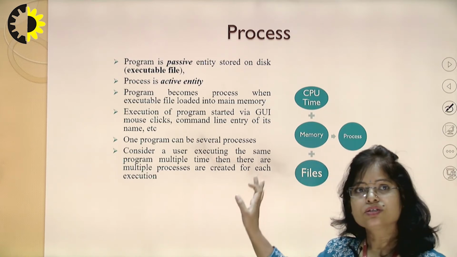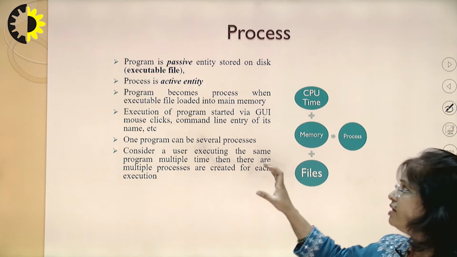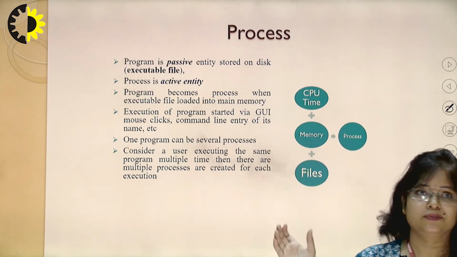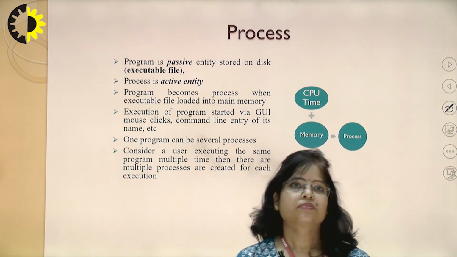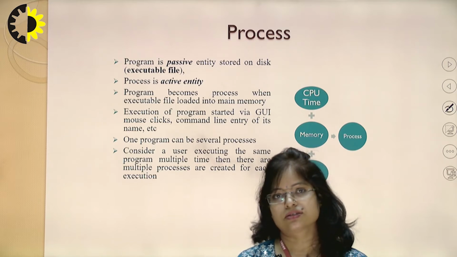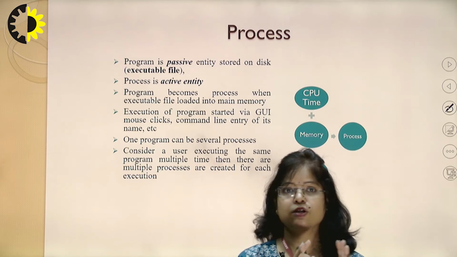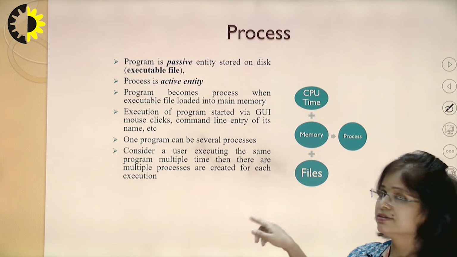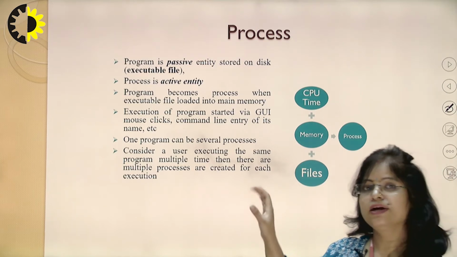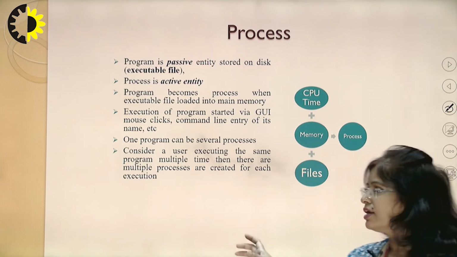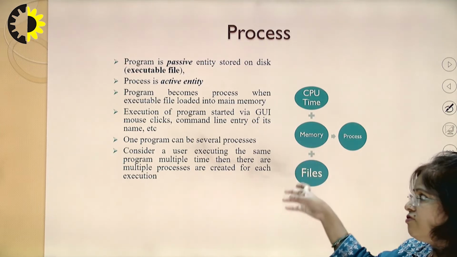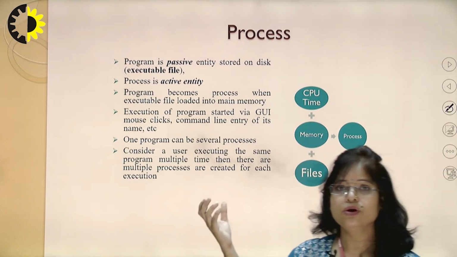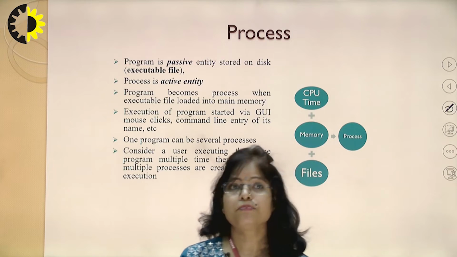A program becomes a process when the executable file is loaded into memory. So, when we start a process, a program is loaded into memory from secondary memory. When we double click on a particular icon, or we start a particular file from the command window, then it becomes a process.